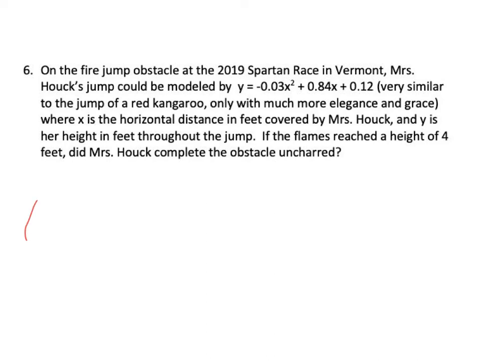Well, if she's jumping, her path is going something like this. So what do we need to see? Does her height get up to a y value of 4 feet? Does it reach 4? If it does, she didn't get burned. So what do we need to do? Let's find our vertex.